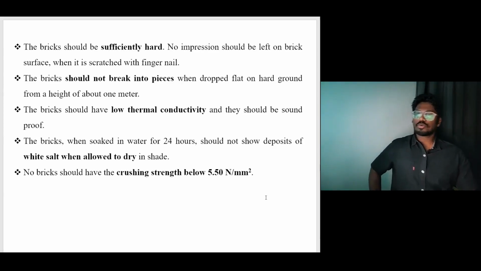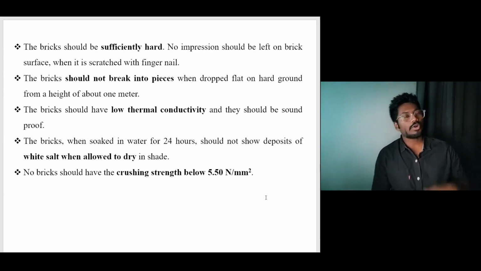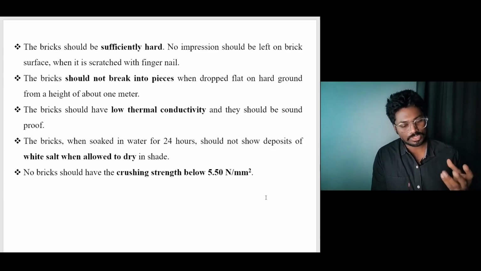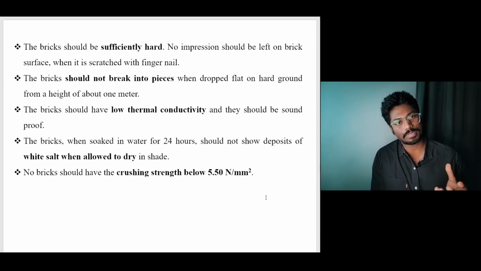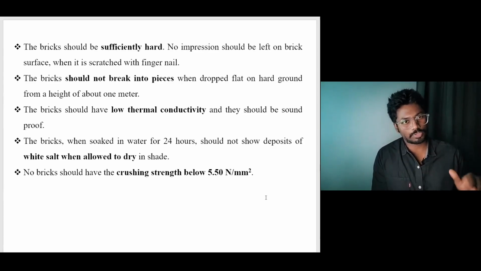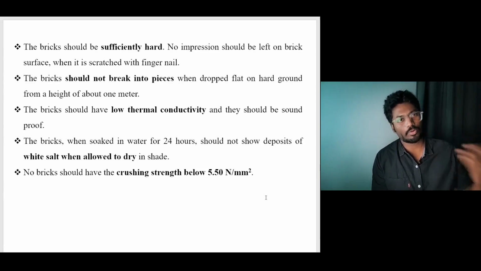The brick, when soaked in water for 24 hours, should not deposit any salts when dried. There's something called efflorescence in materials. Efflorescence is all about the soluble salts present in the materials eventually surfacing to the topmost part on drying or over time.